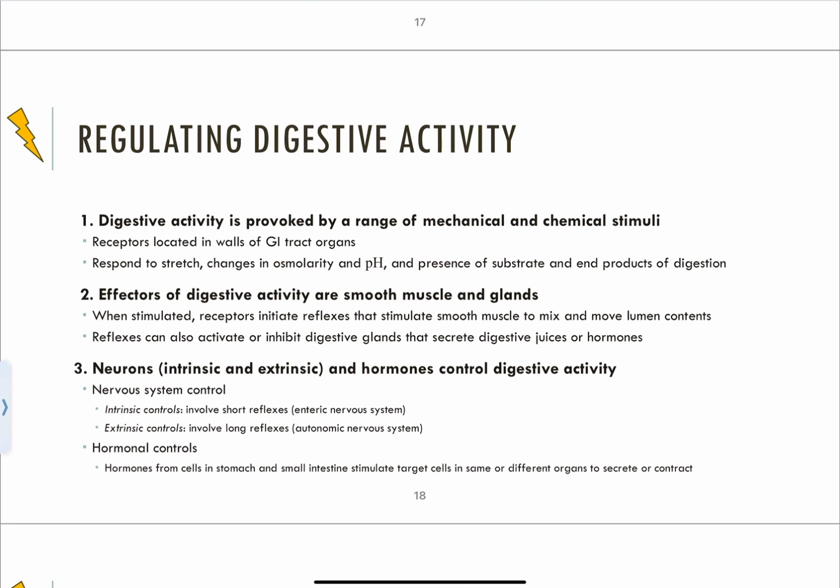For example, if we have food in our lumen. Also changes in our osmolarity, which would represent changes in solute concentrations, as well as the pH of whatever is in the lumen itself. The effectors of the digestive activity are the smooth muscle and the glands itself.